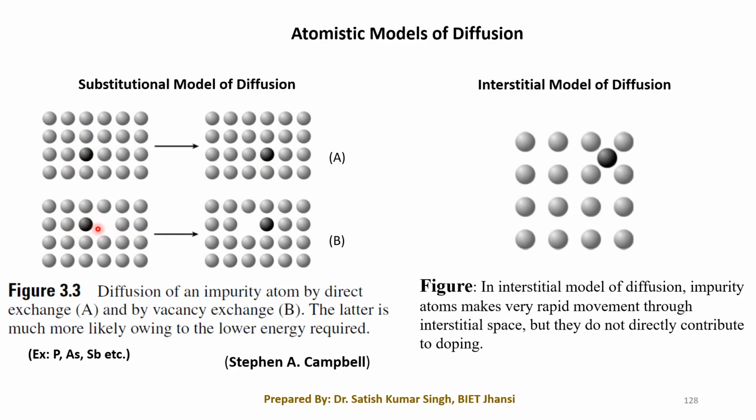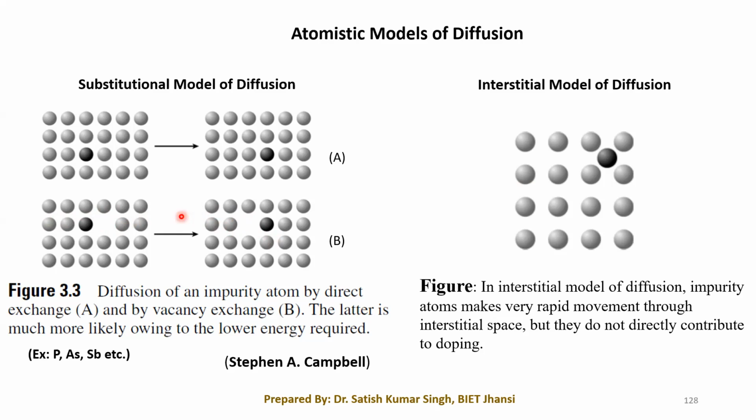So whenever it is making a movement, certain bonds are going to be broken, and then certain bonds are going to be formed. So whenever there is a movement of a substitutional impurity from one substitutional site to another, there will be a formation and breaking of bonds.